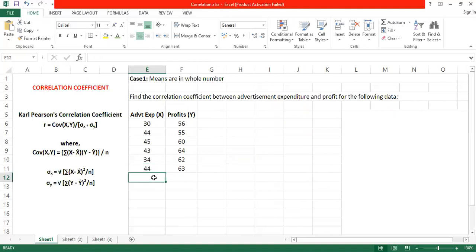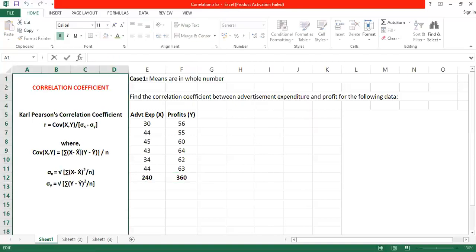So how to get the mean? Get the total of this x, right? If I get the total of this x, this is the total. I'm highlighting it. Similarly, the total of this is 360, right? Now this is our x bar.